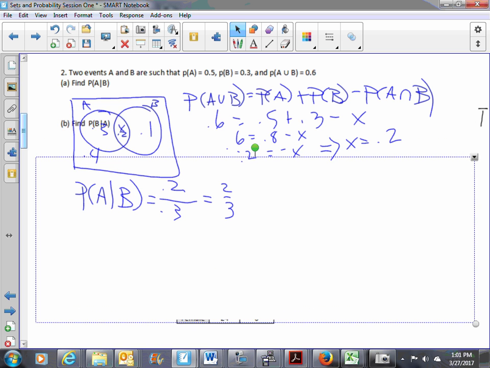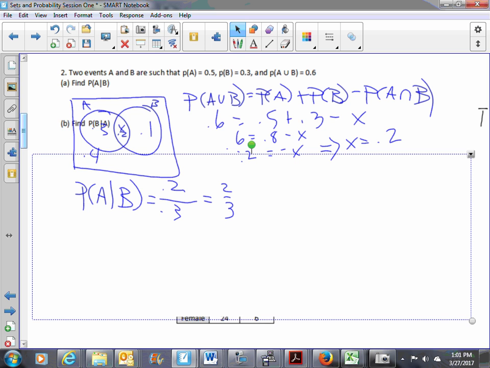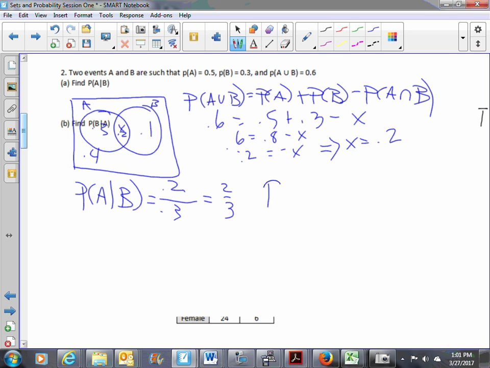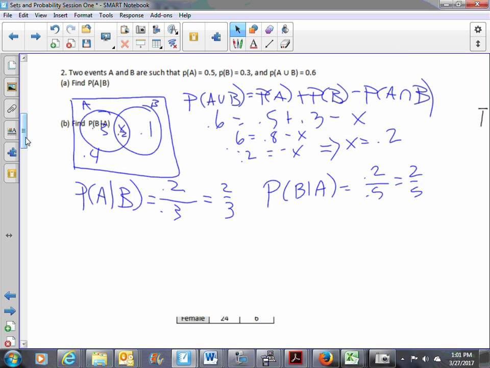Okay, yes, find the probability of B given A. The probability of B given A, again, is the probability of the intersection of A and B over the probability of A. So we get 2/5.